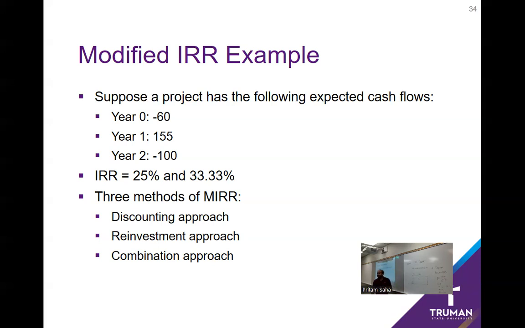Sum them up. Year 0, 129.44 negative cash flow. Year 1, 155 positive cash flow. Make sense? Now calculate the IRR.